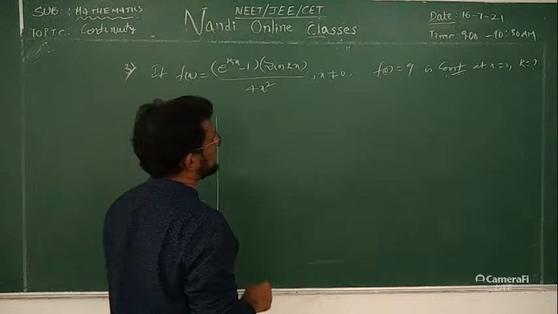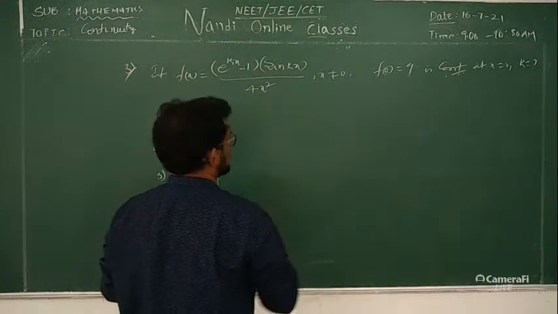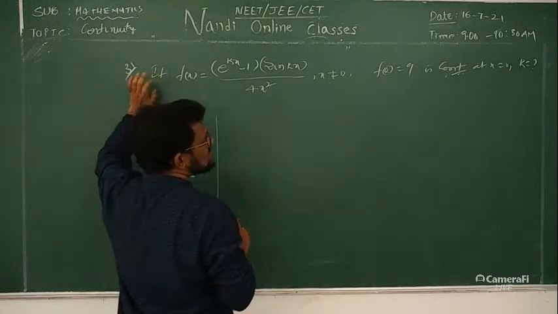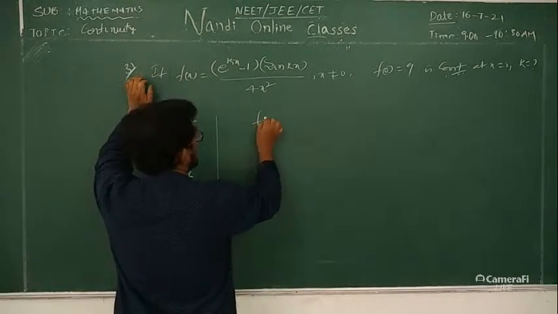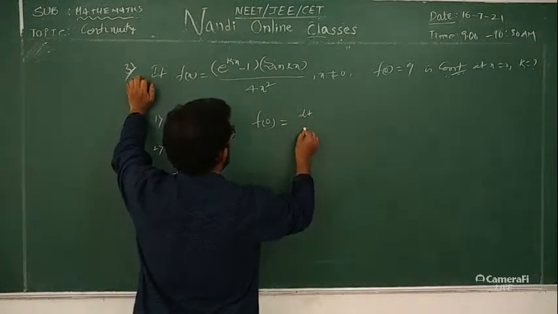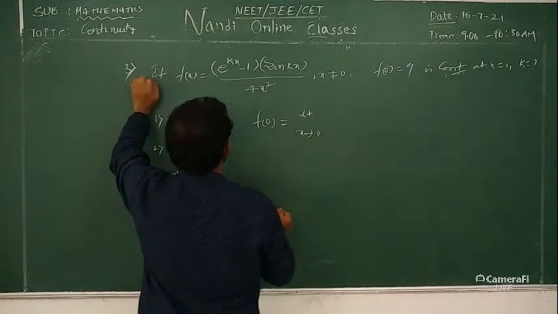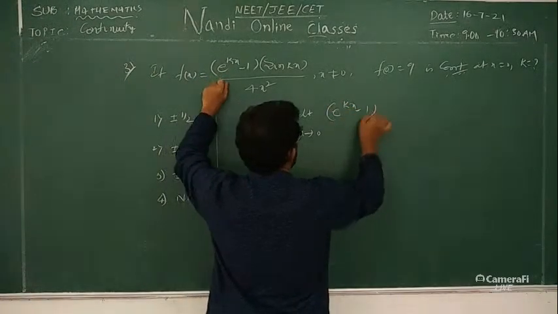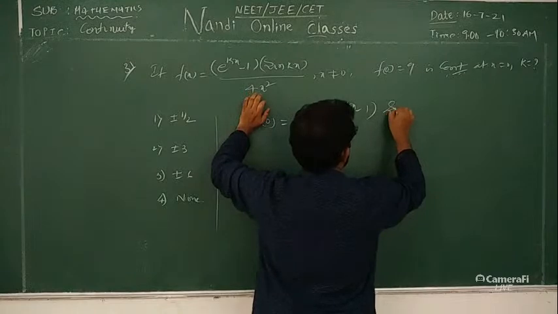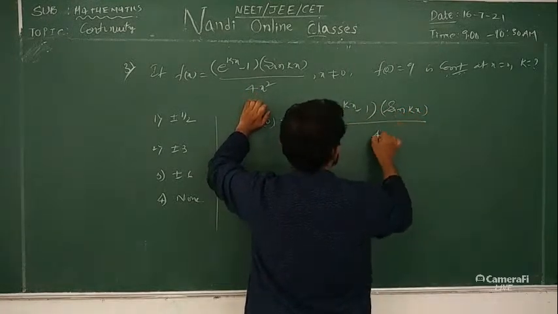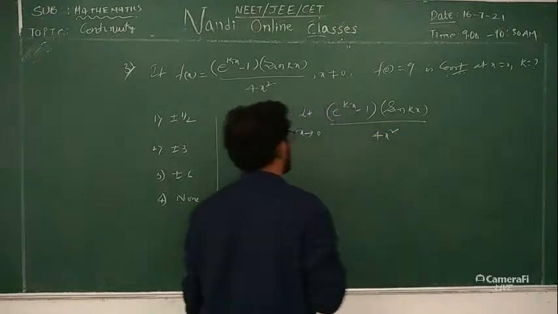How to do this? Find the k value. Already he said that this function is continuous at x is equal to 0. Therefore, f of 0 is equal to limit x tends to 0 (e power kx minus 1) into sin kx divided by 4x square.